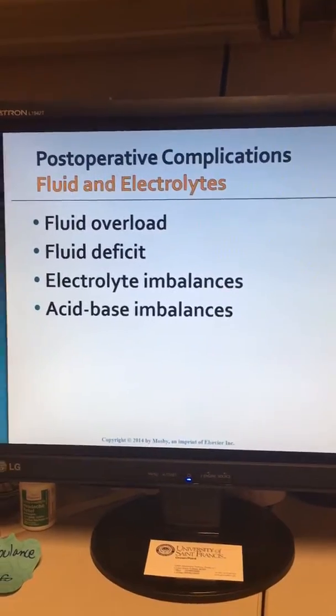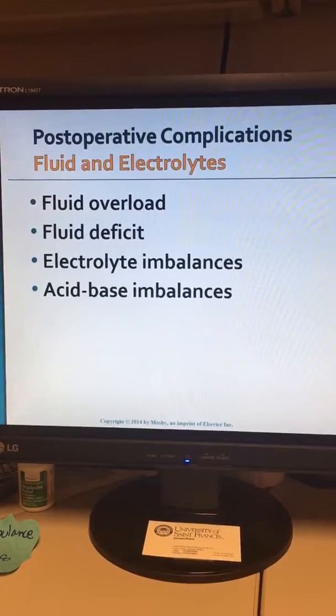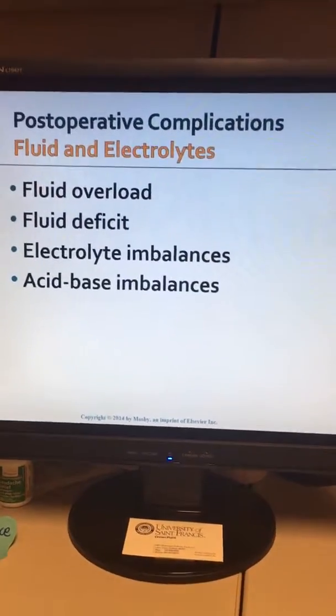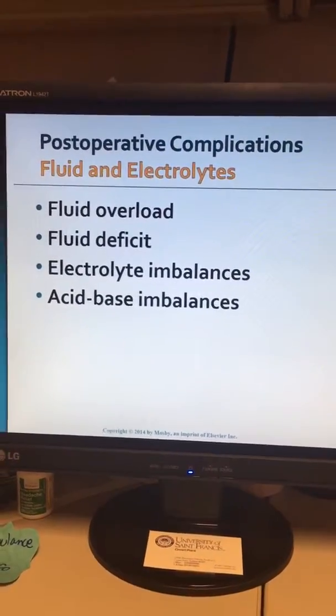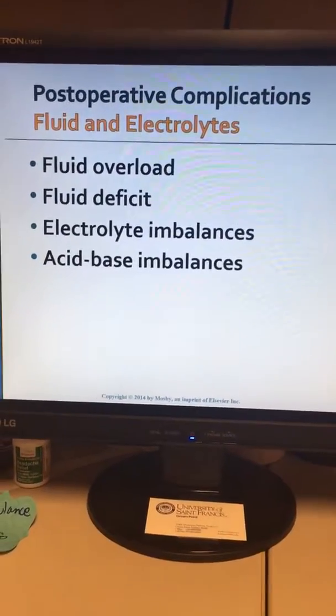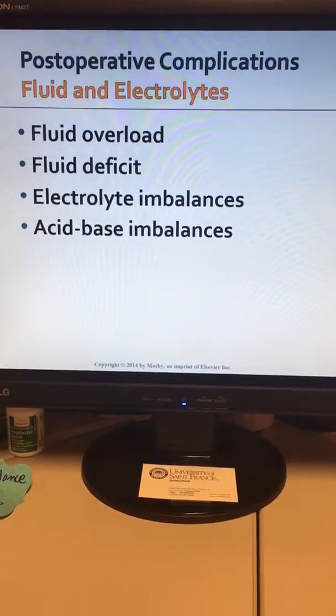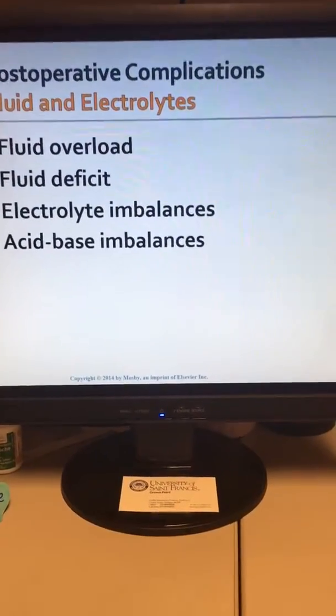So fluid overload, post-operative complications. Fluid retention can result from the stress response and having increased secretion of the ADH. And so the body is holding on to more fluid. We can have a fluid deficit. So we didn't treat their dehydration.